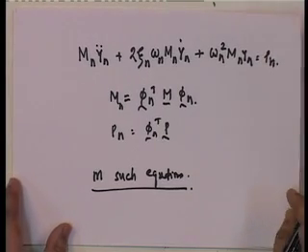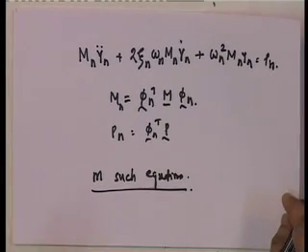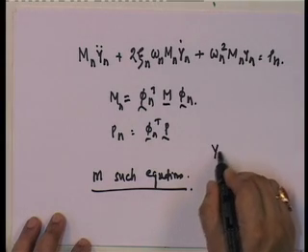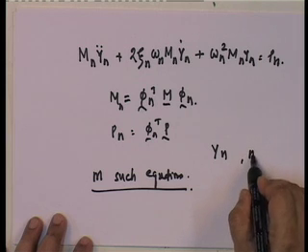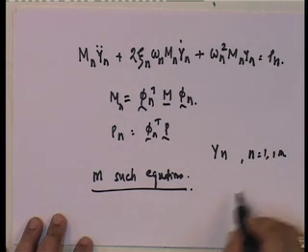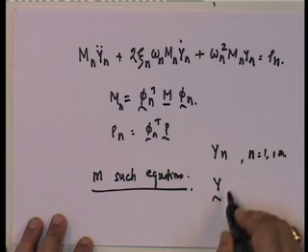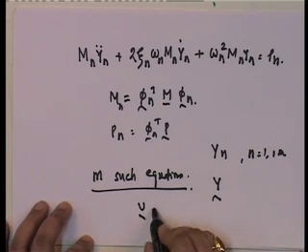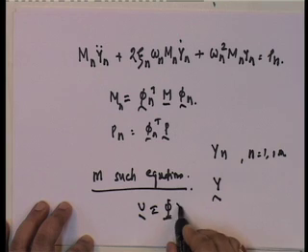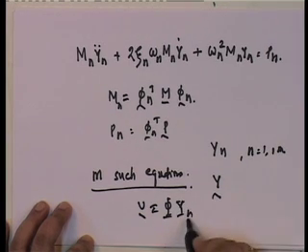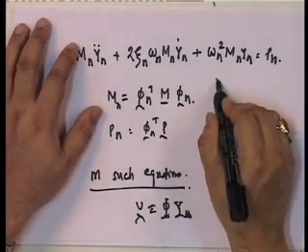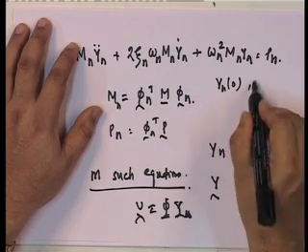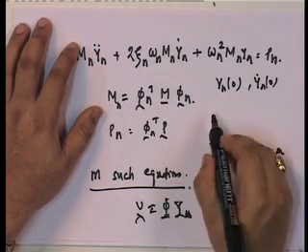Once you've got y n, going from 1 to m, then that becomes the phi, and then v you get by phi y.